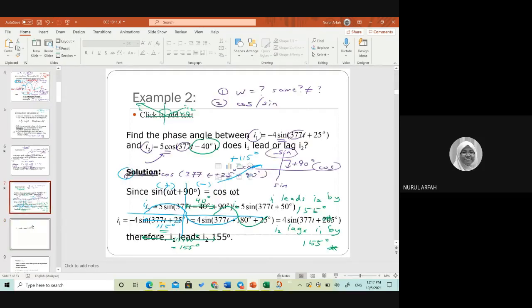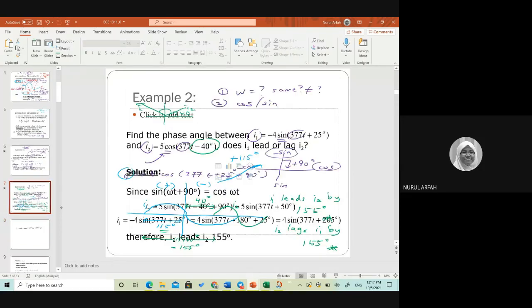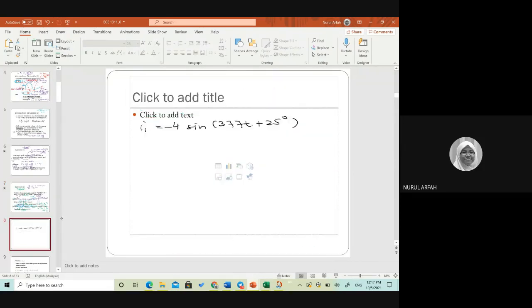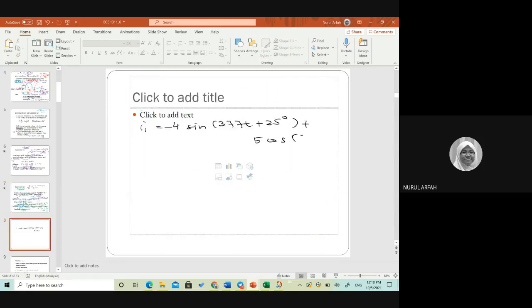And this one with 25 degree. But it has another part, which is plus 5 cosine 377t minus 40 degree.